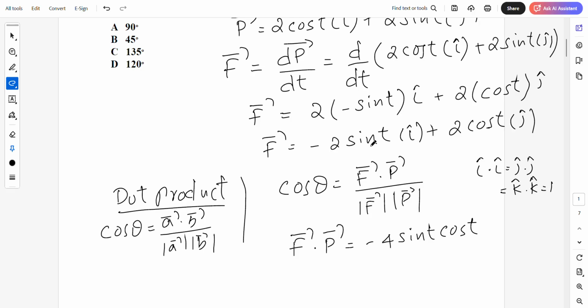If I multiply this, 2 into 2 is 4, minus 4 sin t cos t or cos t sin t, one and the same, plus into plus 4 sin t into cos t.